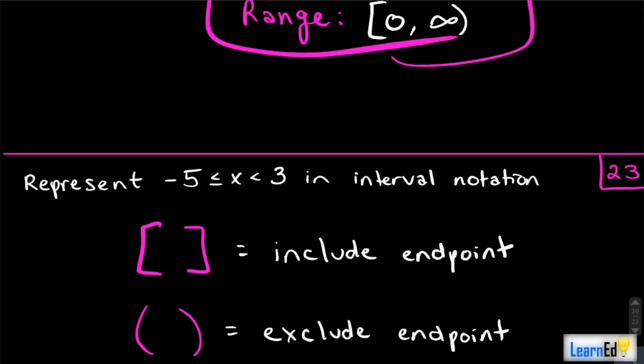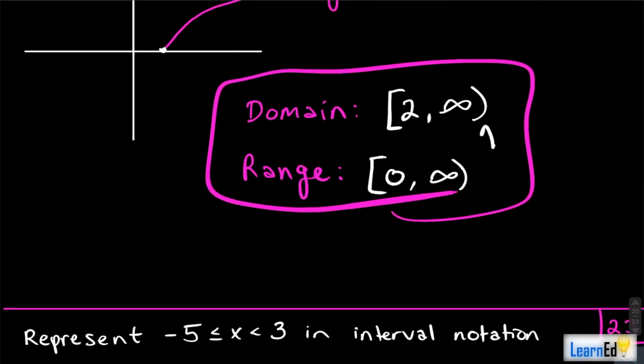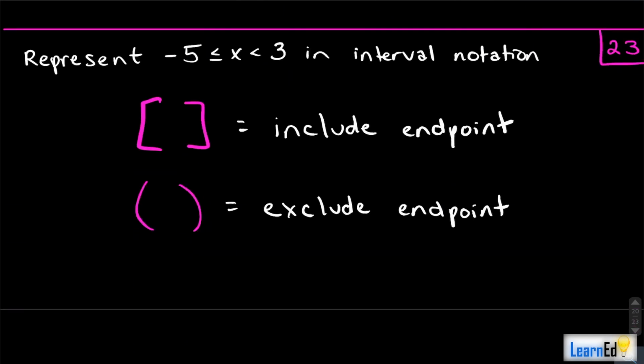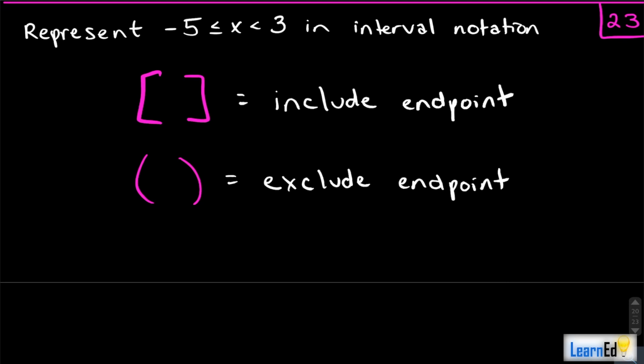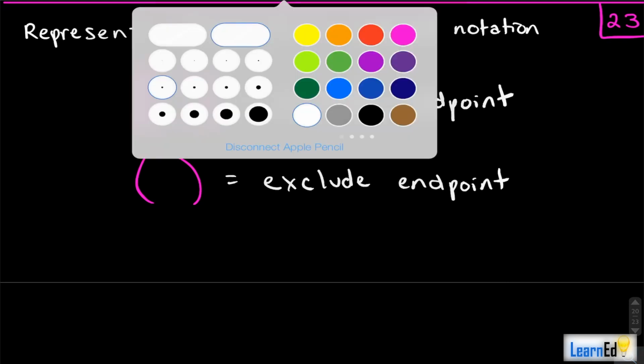If it helps you to think about it, we have a parentheses with our infinity because we can't really contain it, right? We're not including infinity because infinity is its own thing, okay? You can't include infinity, right?